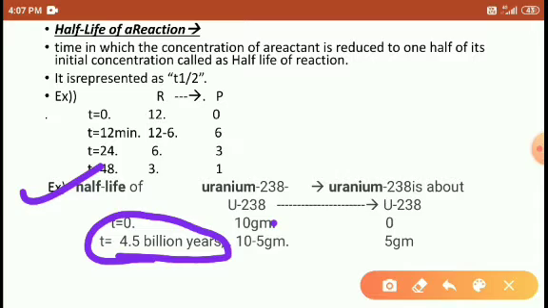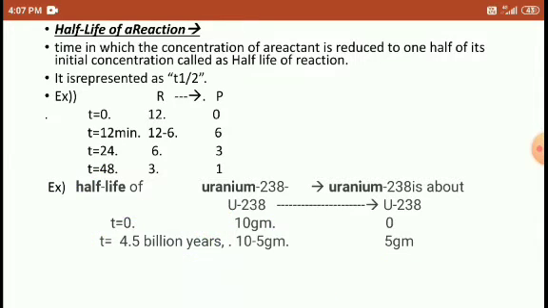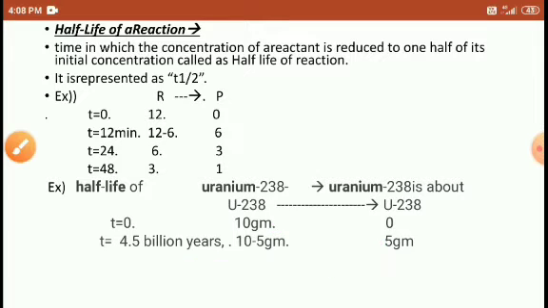So whatever uranium mass you are using, if you keep it for 4.5 billion years, its mass is reduced to half. That we call the half-life of order of reactions. Right students?